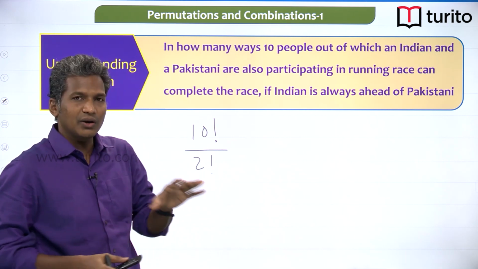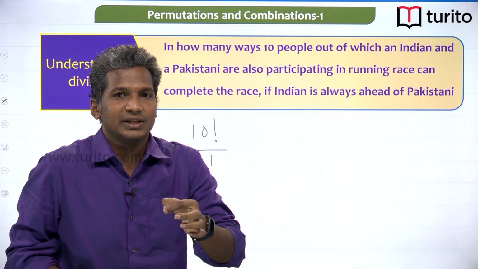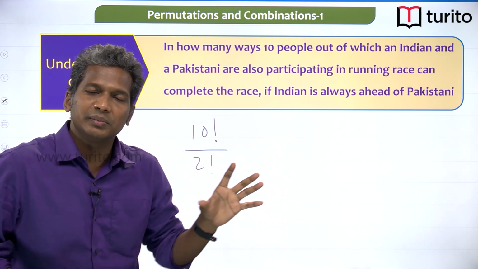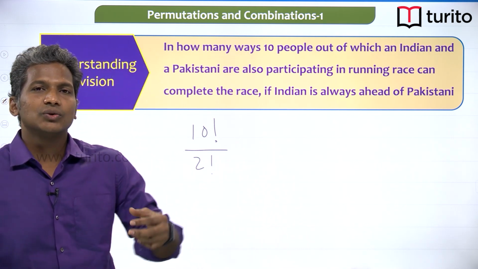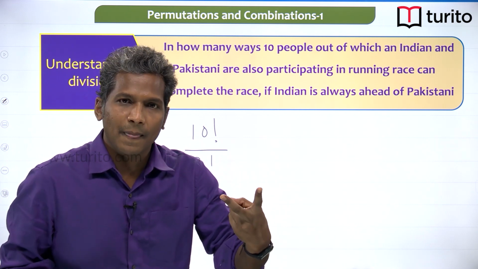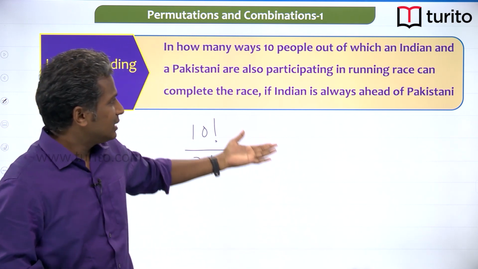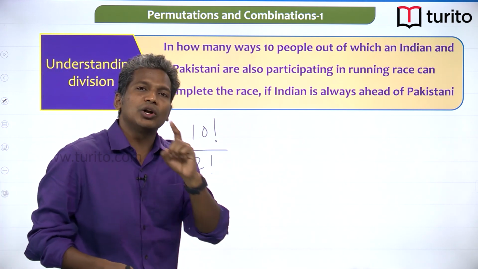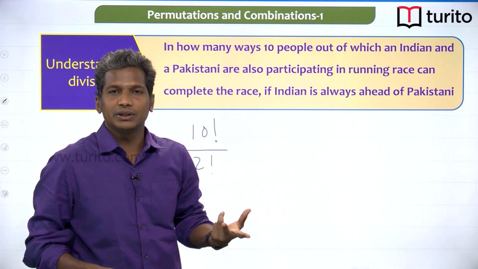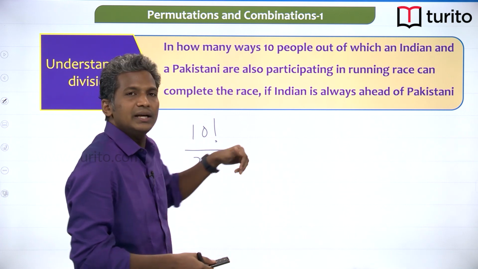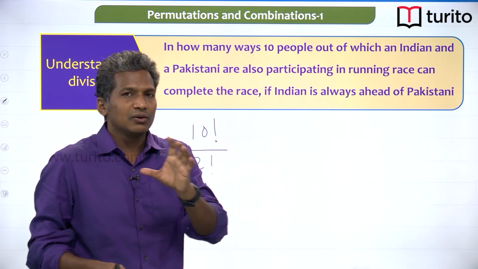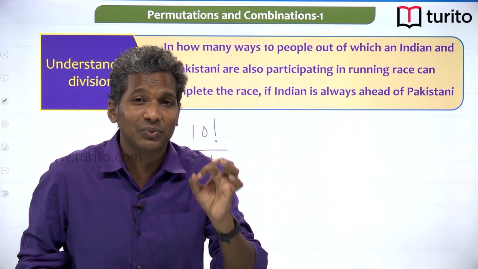So, here you have understood another logic of division, but all 3 of them are connected. If 2 letters are identical, if 2 people are identical, or if you want only one order out of the 2 different orders, it is the same logic as in the earlier examples.